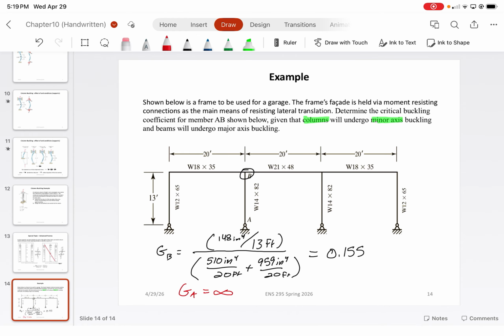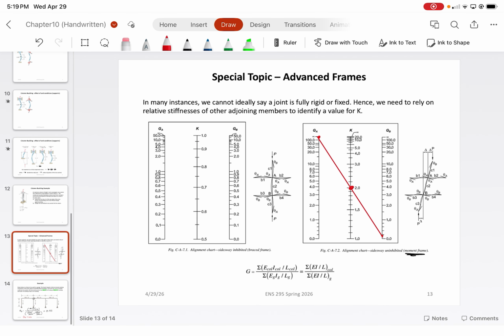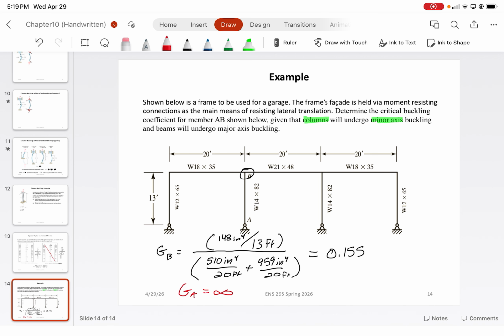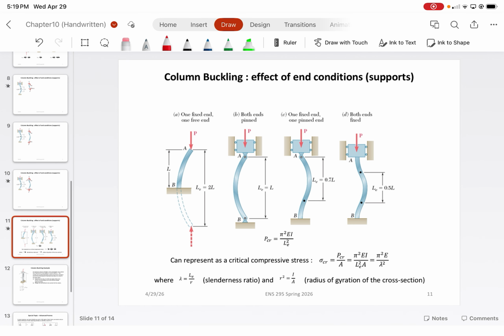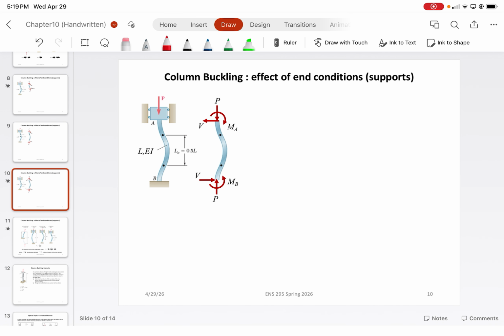I think I just did a horrible job with explaining this. I will try and be a little bit more specific if I decide to give you guys problems on this for like a homework or an exam. But the idea is just, I just wanted to show you guys how the relative stiffnesses of a beam and column really relate to solving the problem. Make sense? All right. Are there any questions at all about anything we covered from chapter 10?